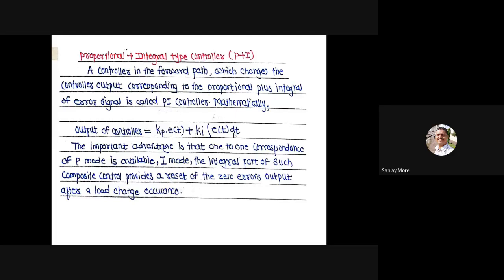The integral part of such composite control, means proportional plus integral control, provides a reset of the zero error output after a load change occurrence.